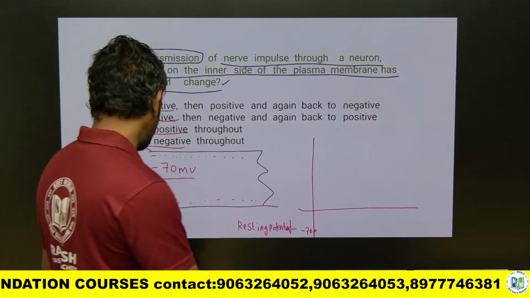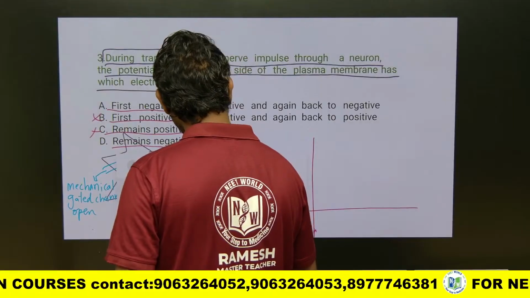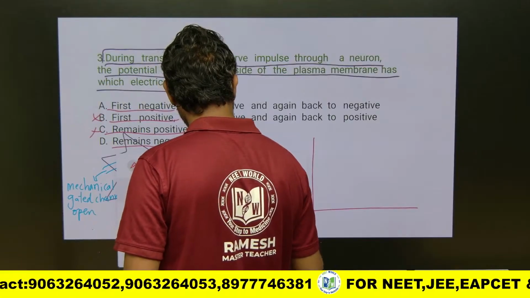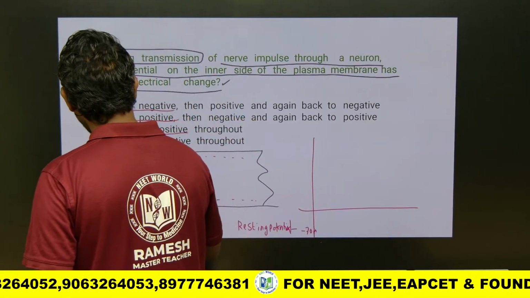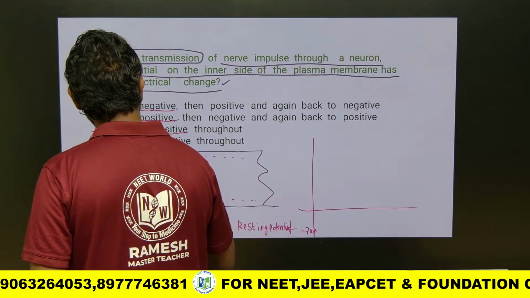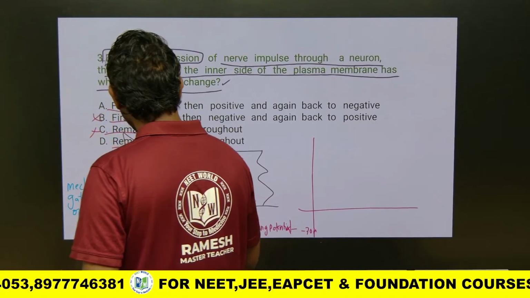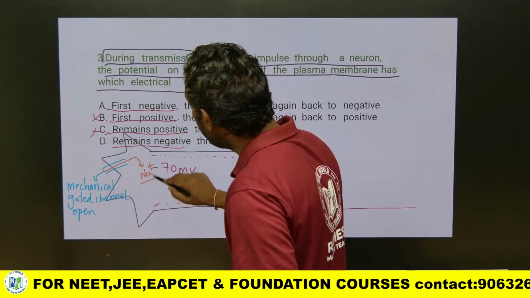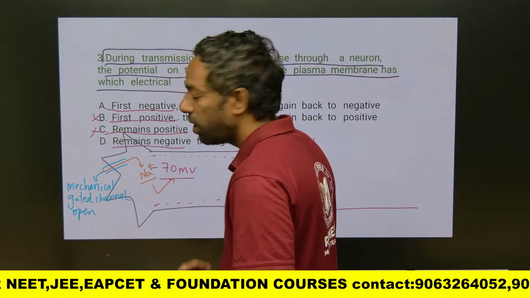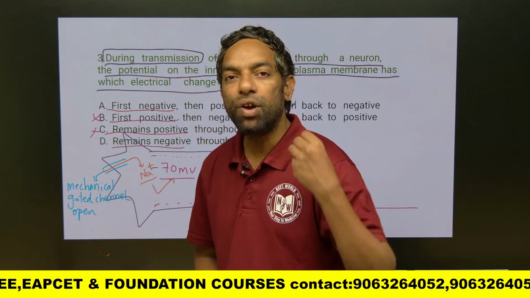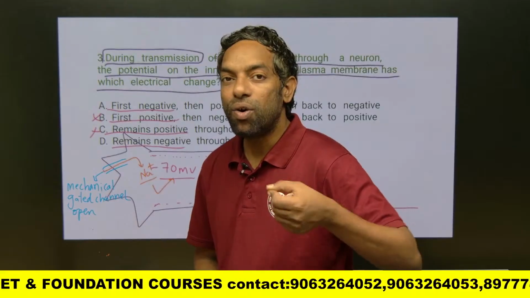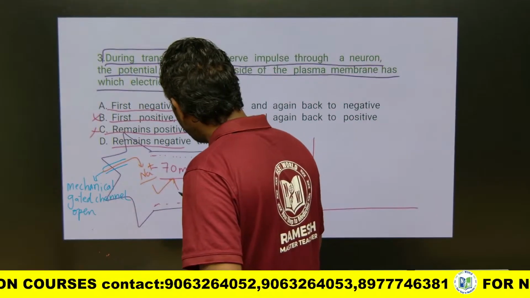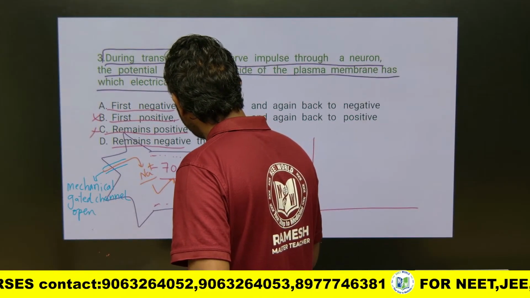In this condition, sodium immediately enters inside. Sodium ion is always a plus charge, right? If the plus charge enters inside, the minus 70 decreases, meaning there is a voltage, electrical charge change. This minus 70 turns into minus 60.